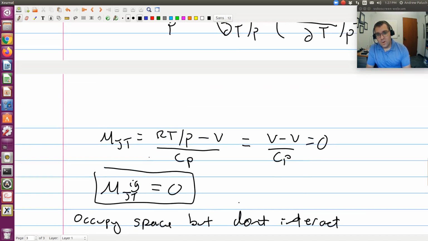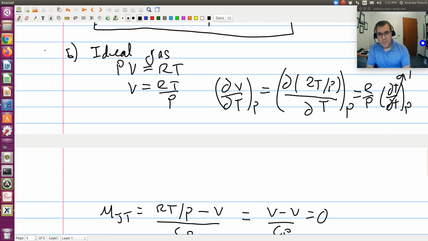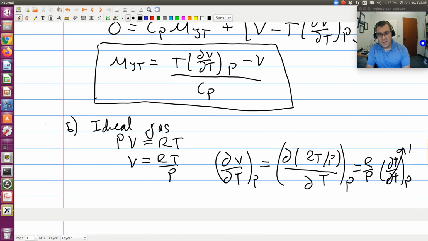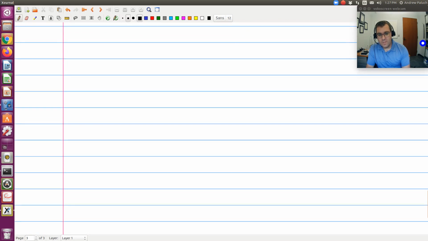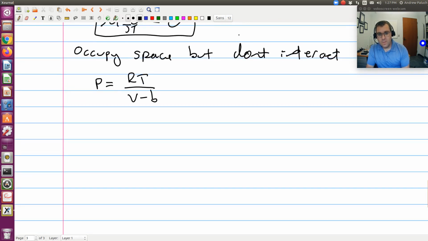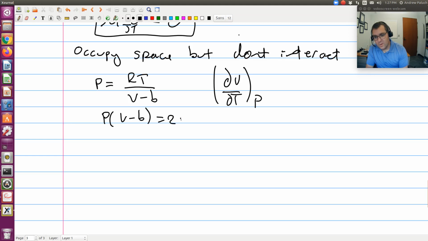The derivative I need to work out is the partial of V with respect to T at constant P. So let's get an expression which is explicit in V. I have P times (V minus B) is equal to RT, so PV minus BP is equal to RT.